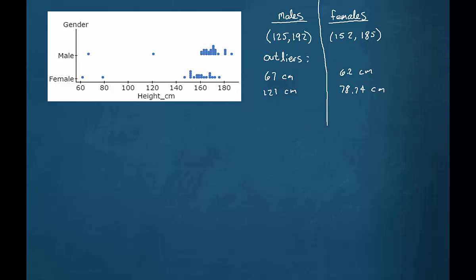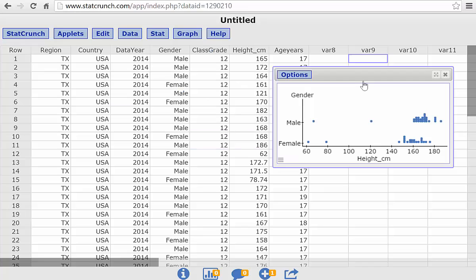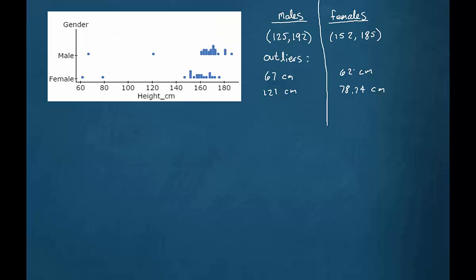Let's look at the females first. For these females, we found these two particular data values from that data set, and we can see them here in the data set. Right here is the 62, a female that is 62 centimeters, and then here a female that's 78.74 centimeters. And they both lie outside of this interval.